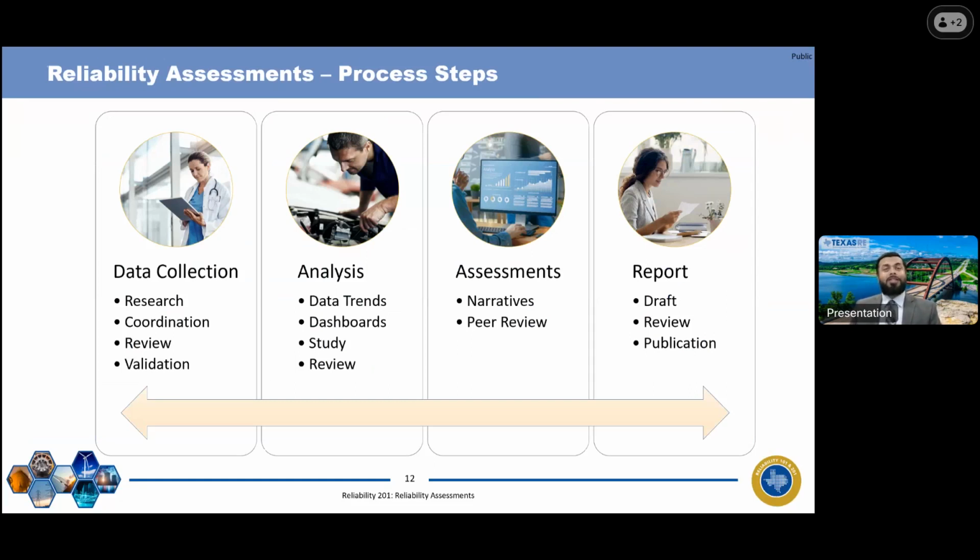This is also where Texas RE staff would work with ERCOT staff to ensure correctness and completeness of the final narratives, which essentially is a summary of the overall assessments of the Texas RE region. All assessments are included in a draft report, which goes through a review process before the report is made public by NERC.